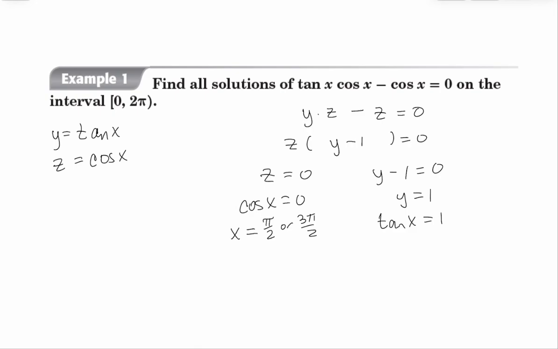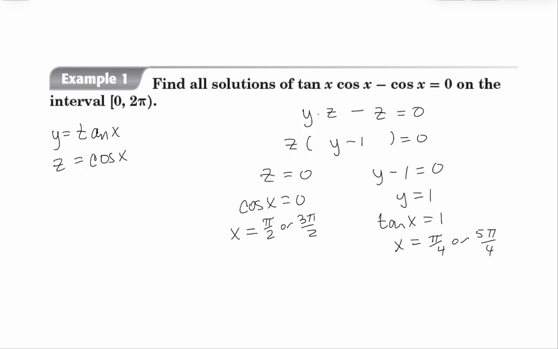Now let's think about where is the tangent equal to 1? Well, the tangent is positive in both the first and the third quadrants, and the tangent is 1 at the 45s in those locations. So that would be at pi over 4. And the third quadrant, pi over 4, is 5 pi over 4. So we have 4 different answers to our equation.